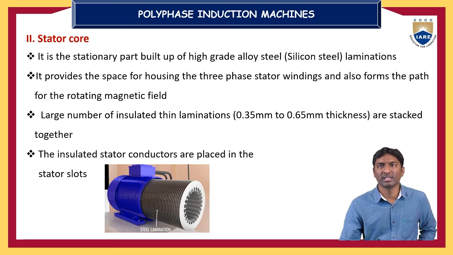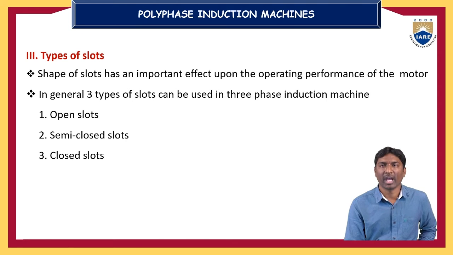Next are the types of slots. In the stator, we have different types of slots. The shape of the slots has an important effect upon the operating performance of the motor. The operating performance of the motor depends on the slots.